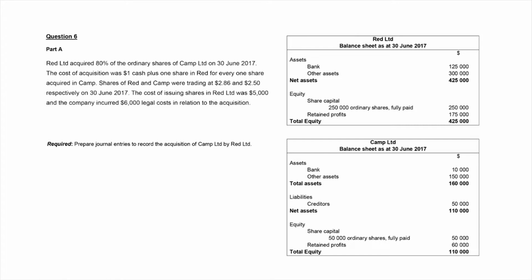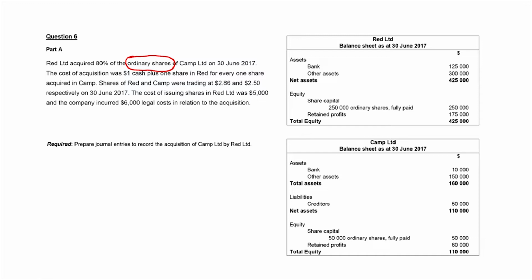So if you take a look at part A, it says that Red Limited acquired 80% of the ordinary shares. So right there, you can see that in this question, we want to prepare journals for acquisition of shares. For acquisition of shares, there's no need to calculate goodwill or bargain purchase gain, because goodwill will be recognized as part of the consolidation.